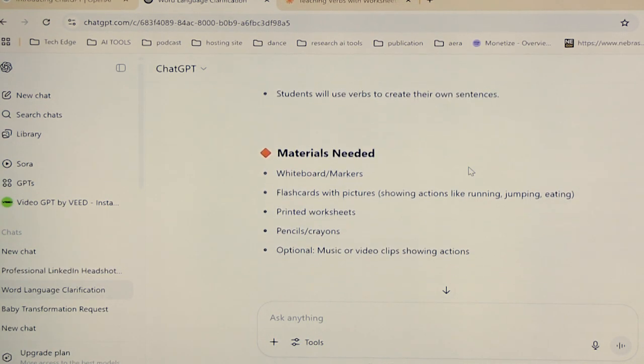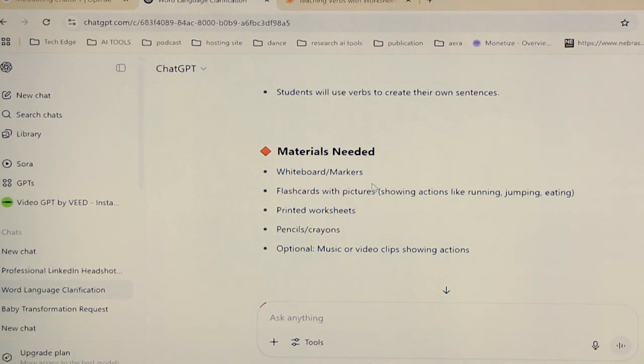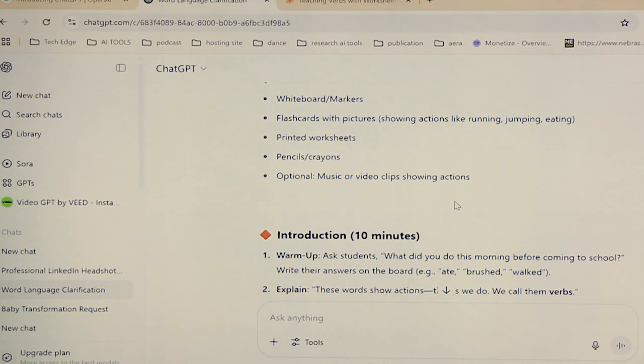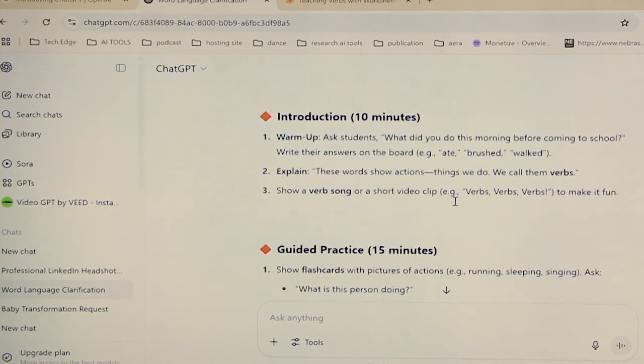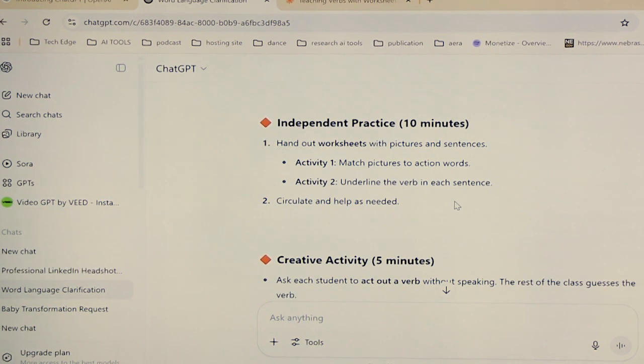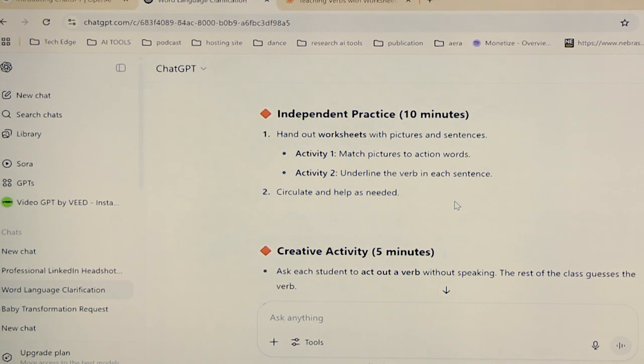The materials needed are whiteboard, markers, flashcards with pictures. And with flashcards, it's very difficult and most of the time expensive to develop, so we will shift away from this. There was also a part with activities that we are supposed to perform in the classroom, and that is an independent activity.